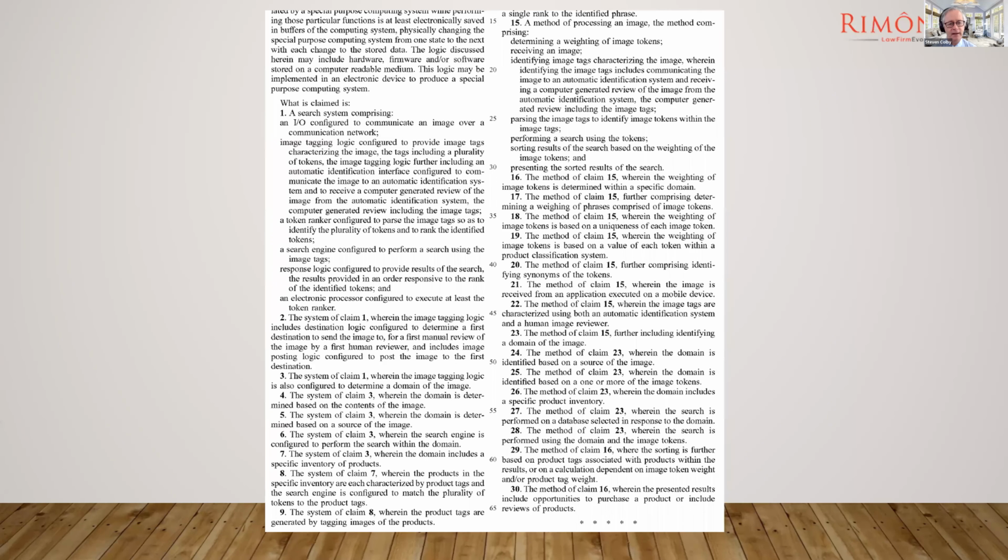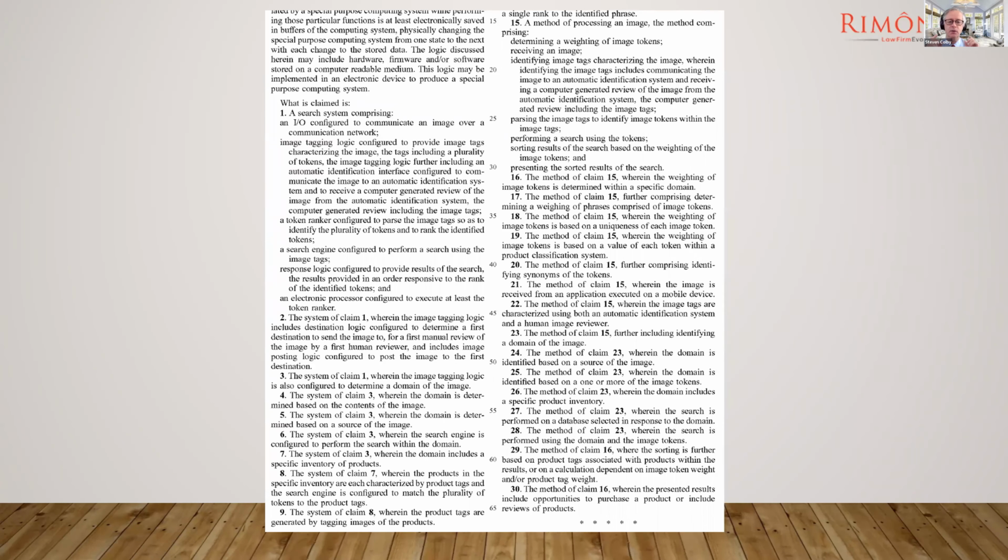It's easier to invalidate broad claims, right? But then they cover more. So there's a trade-off, right? A claim that has lots of detail in it is harder to invalidate, okay? But it's also harder to infringe, right?